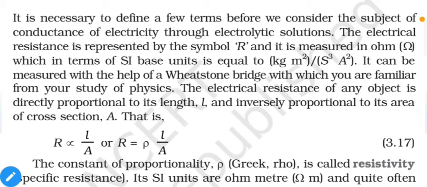The electrical resistance is represented by the symbol R and it is measured in ohm, which in terms of SI base units is equal to kilogram meter square divided by Siemens cube ampere square. It can be measured with the help of a Wheatstone bridge, with which you are familiar from the study of physics. Now let me show you the image of a Wheatstone bridge.